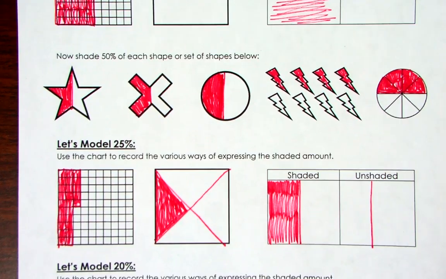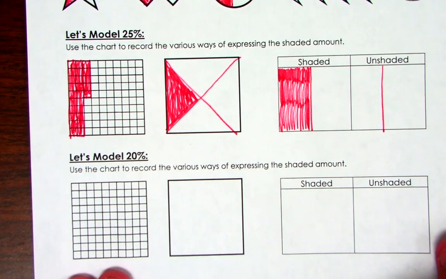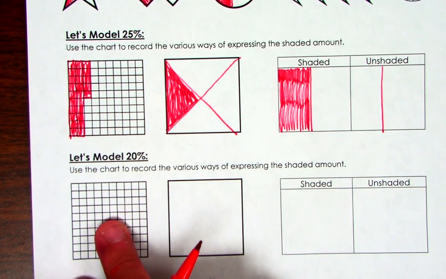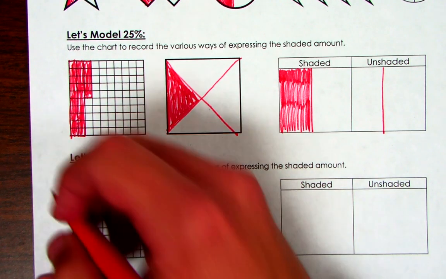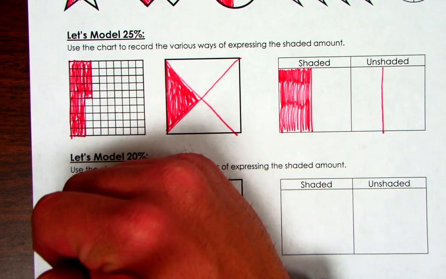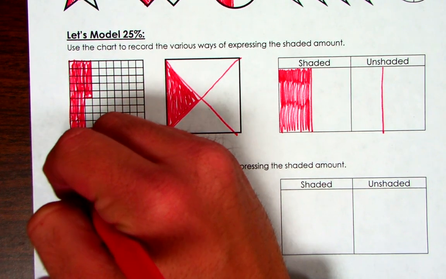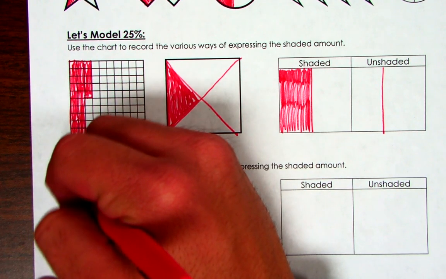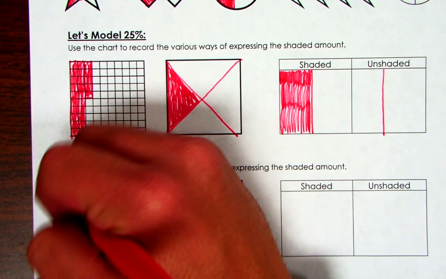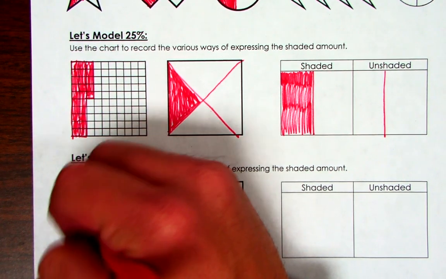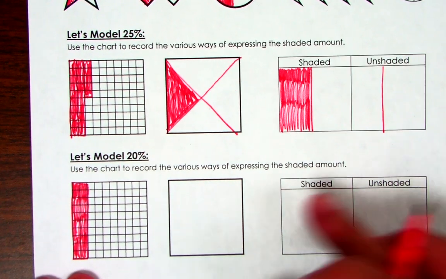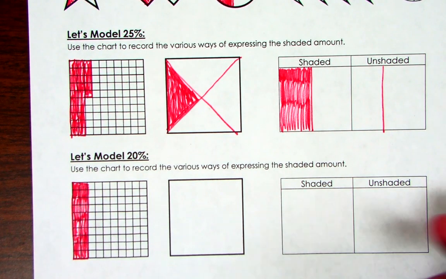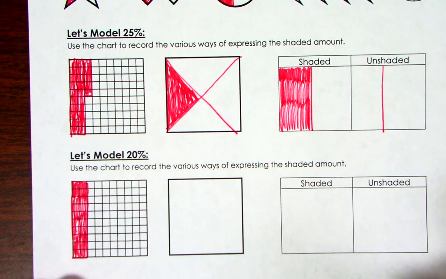Alright, this next one's going to be a little bit tougher. 20%. Again, a 10 by 10 square. There's 100 squares. I need to shade in 20 of them. So that's just going to be these first 2 rows. Okay, now this one is where it's going to get tougher. 20% is the same as 1/5.